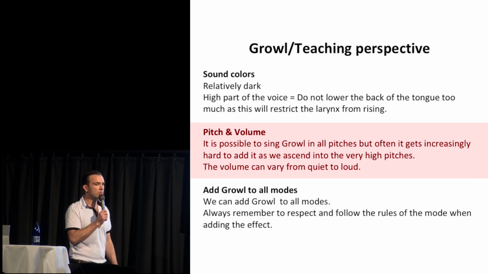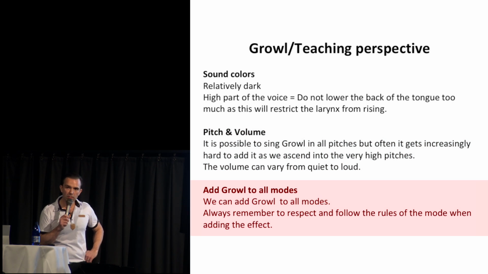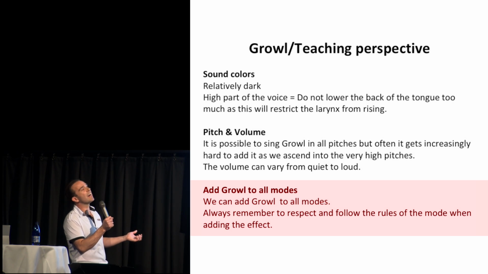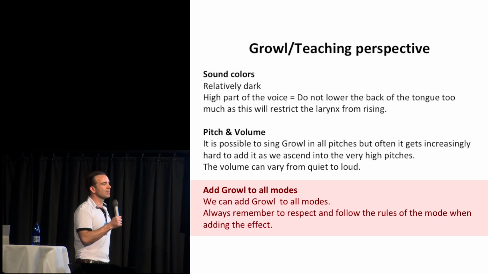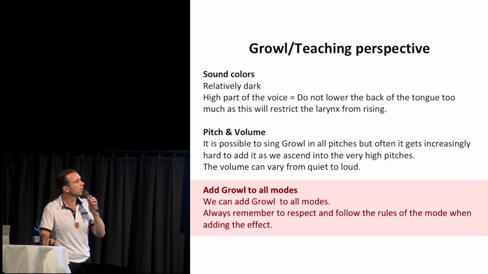But of course it's possible, it's a matter of practice, and the volume can vary from quiet to loud. We can also add the growl in all modes. So we had the growl, we had the rattle, and we had the distortion. So that is the main difference between these three effects sound-wise.